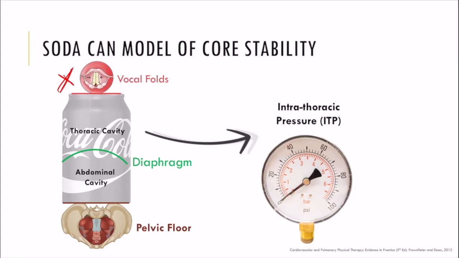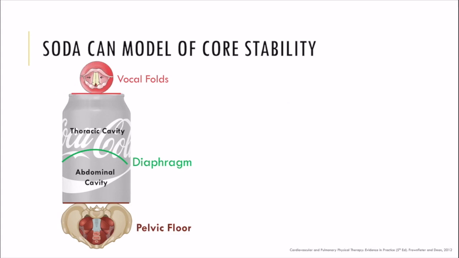But this ability to generate pressure is a key element to function and functional movements, and being able to coordinate these two cavities effectively will become critical when we're treating patients in the cardiopulm world. So if there is anything going on in the patient's musculoskeletal world that is compromising their ability to maintain these central pressures, perhaps they have a tracheostomy, so they can't close their glottis.